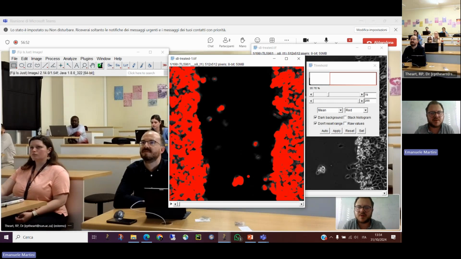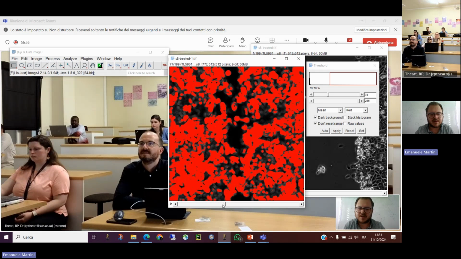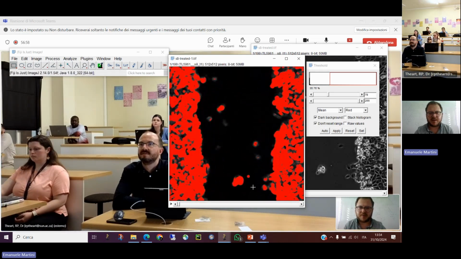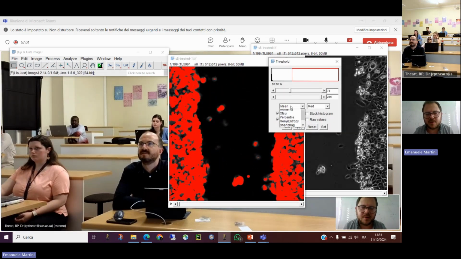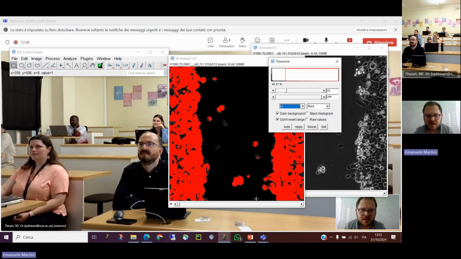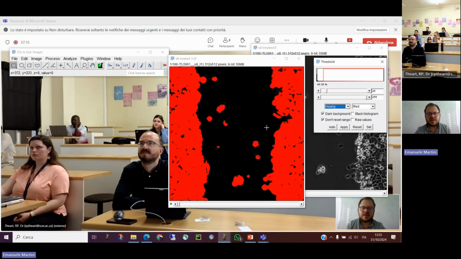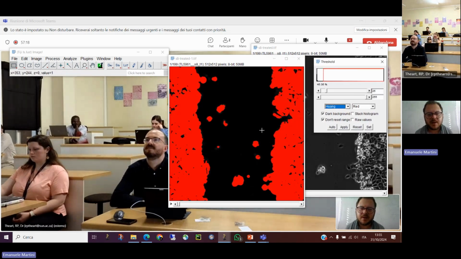Be sure to be on the first frame, not in the middle, just the real first frame of the experiment, to try your thresholding methods. There are at least a few of them that are good. I forgot which one I used. I think I used Wang. Something like that is quite okay.